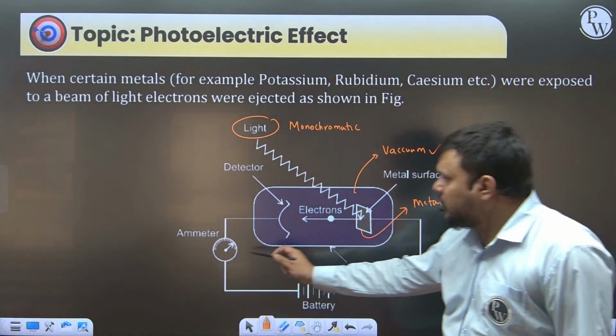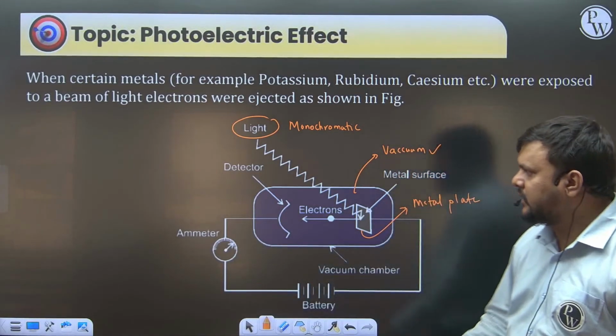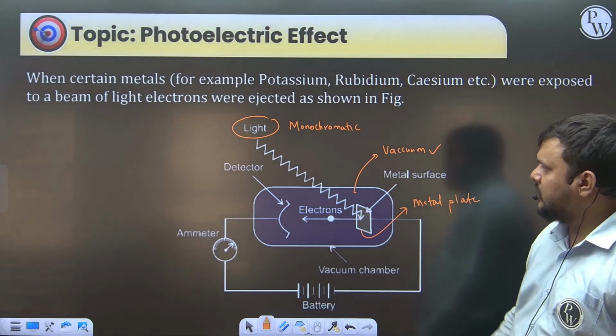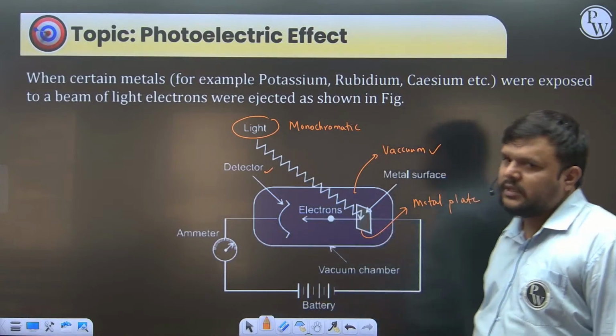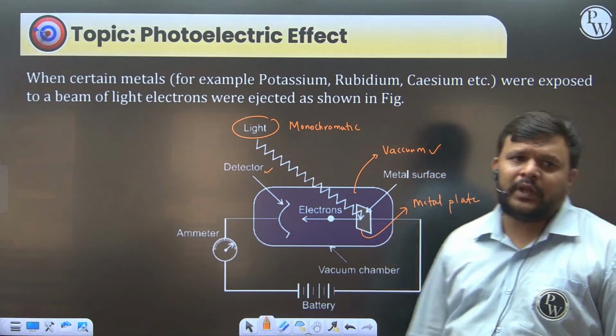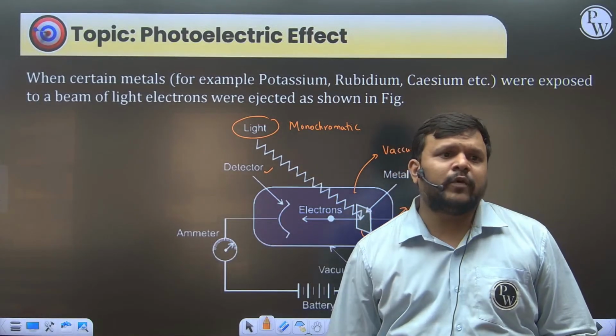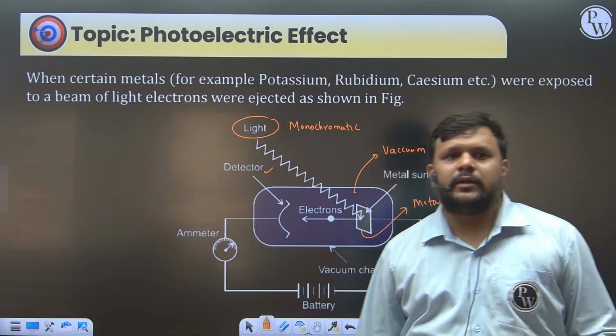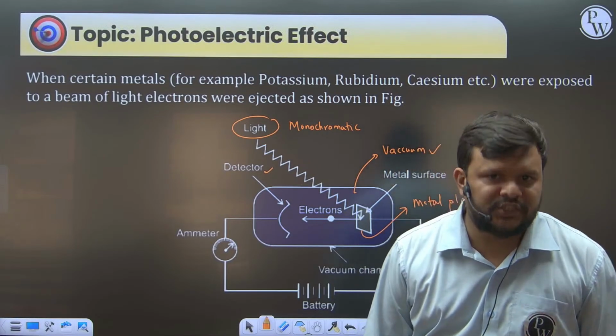There is an ammeter over here which will tell us whether there is current flow or not, whether electrons got ejected or not. The detector also tells us about this. So this photoelectric effect experiment was carried out, and it also proved that the electron has particle nature.